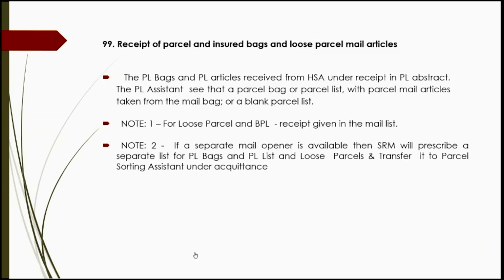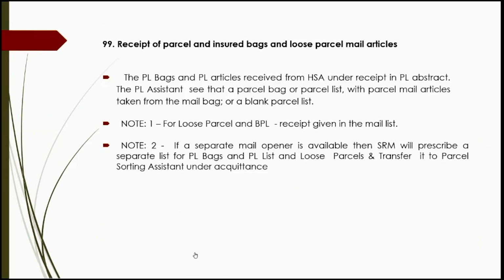Whenever you receive parcels, if the parcel is big, it will generally not be closed inside a bag, so those are loose parcels. Small parcels will be put inside a mail bag and a separate parcel bag will be closed. So a parcel sorting assistant can receive a parcel either through bags or as loose.